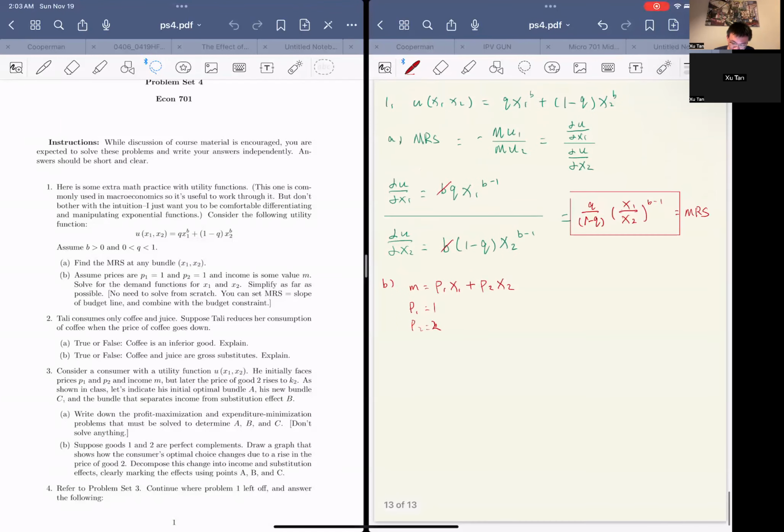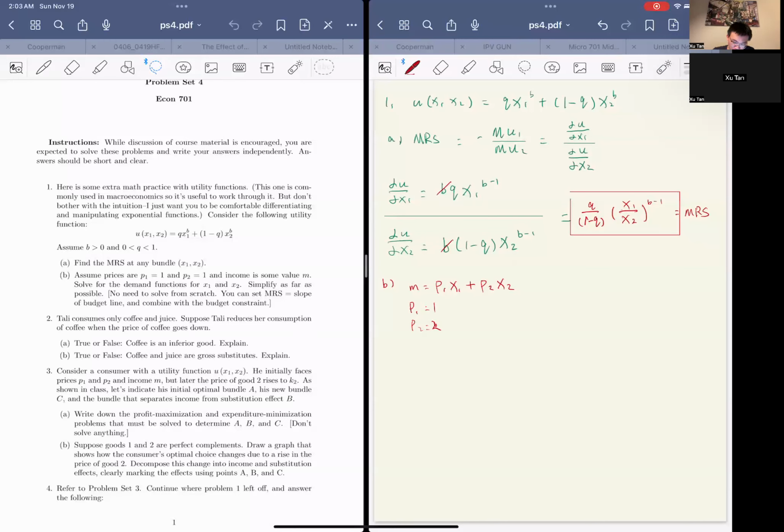So we want the demand function. It's derived from the utility, and we use the preference ratio of goods 1 and goods 2.